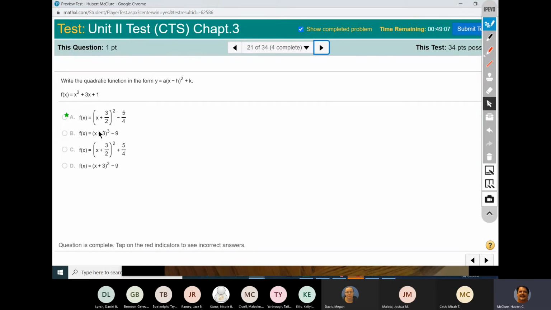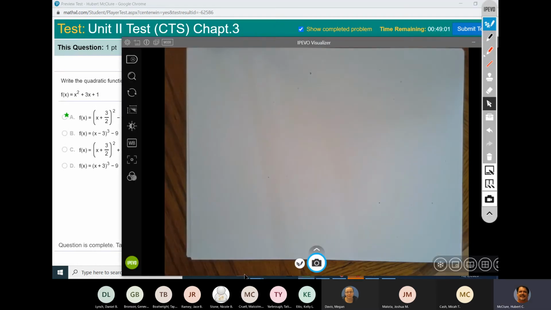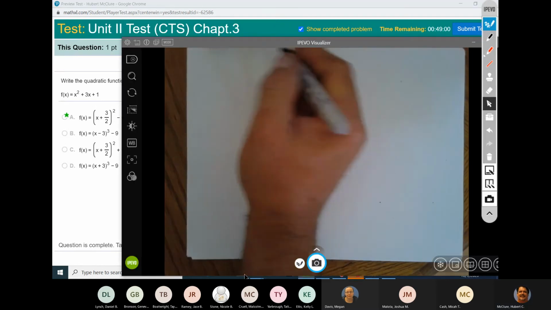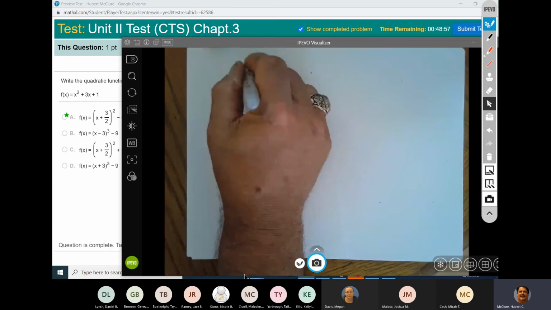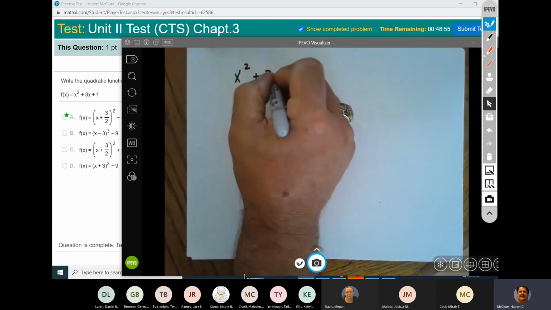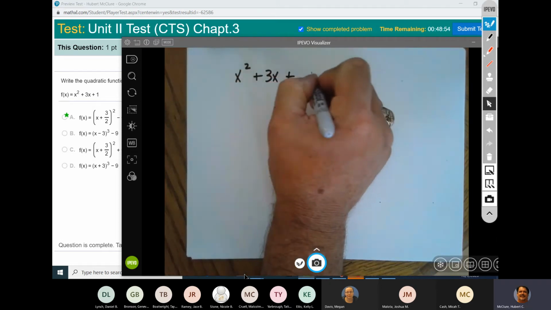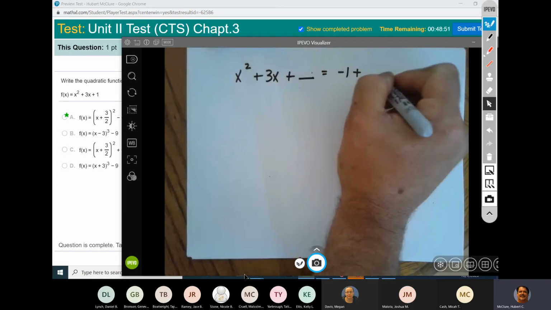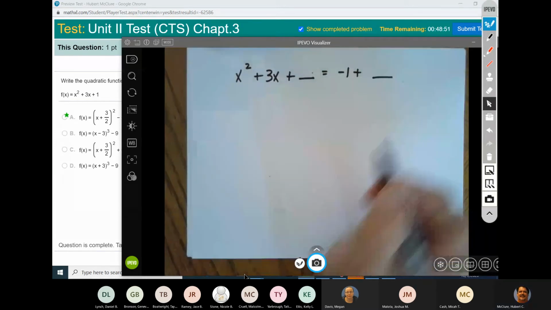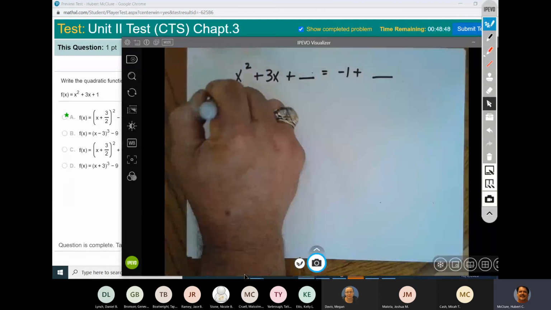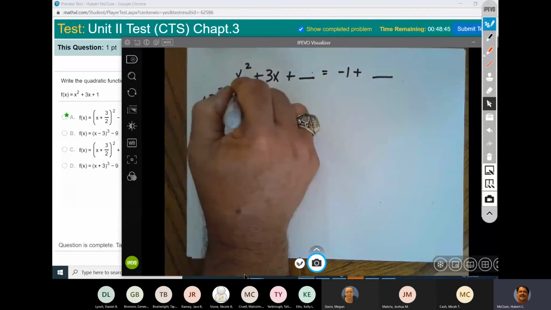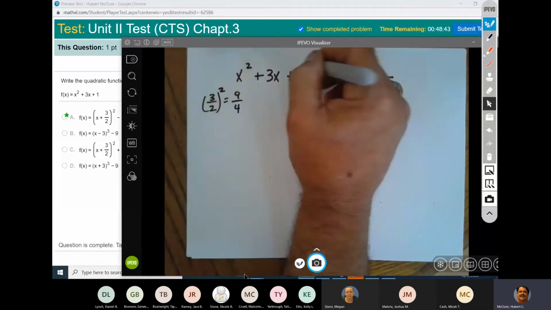I told you there'd be one like this on there. So x squared plus 3x plus blank is equal to -1 plus blank. 3 divided by 2 squared is equal to 9/4.